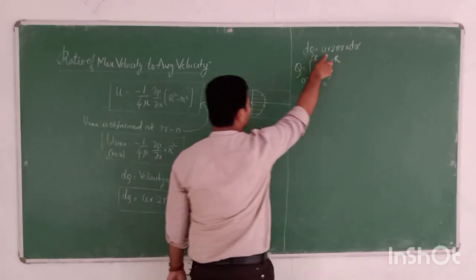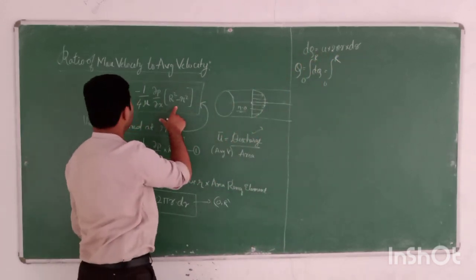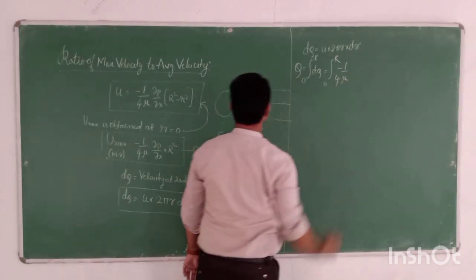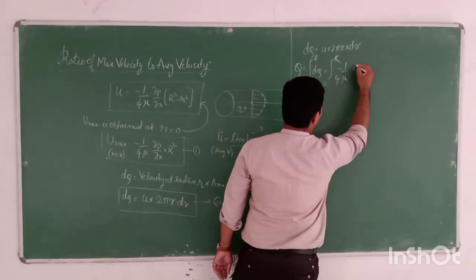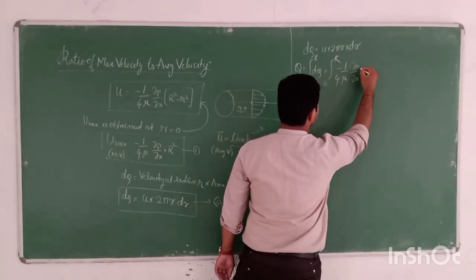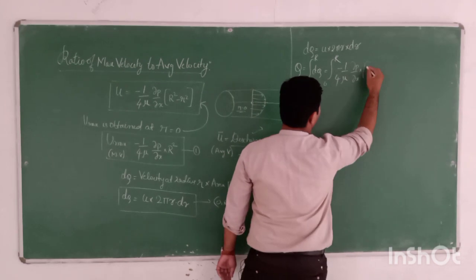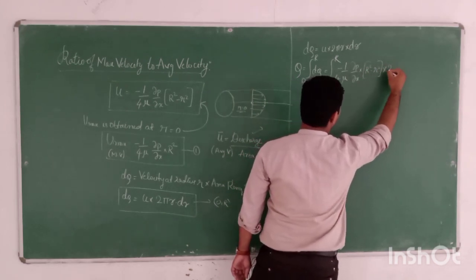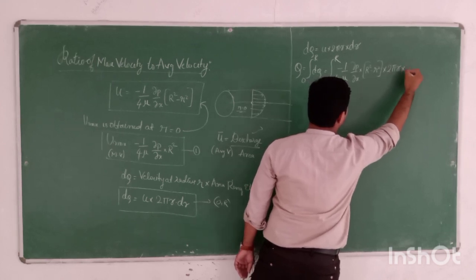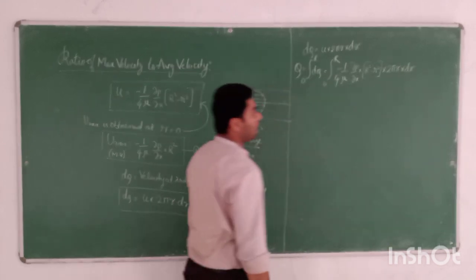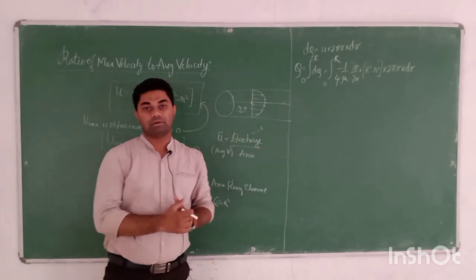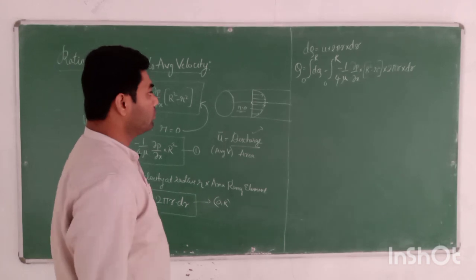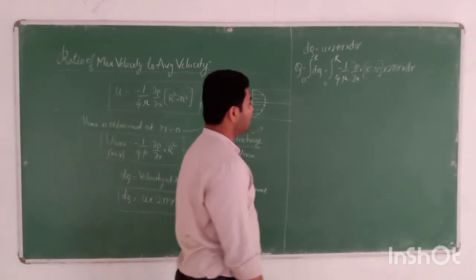What is dQ? Write u from here: minus 1 by 4 mu delta p by delta x into (capital R square minus small r square) into 2 pi r into dr. What are constants here?